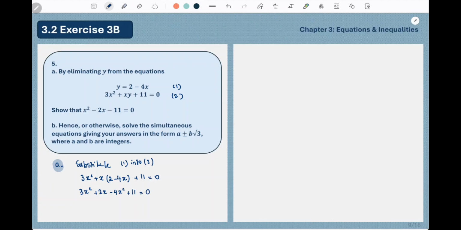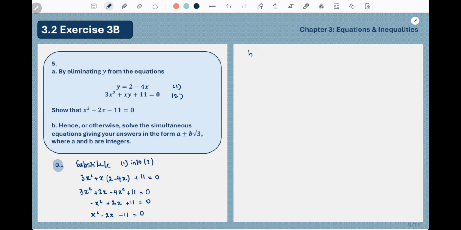What we're doing here is just simplifying, right? So this becomes minus x squared plus 2x plus 11. This can be rewritten if we multiply everything by minus 1 on both sides. We'll eventually get x squared minus 2x minus 11 equals 0. I've gone to this form because they asked us for this specific form. Otherwise, either is the same thing.